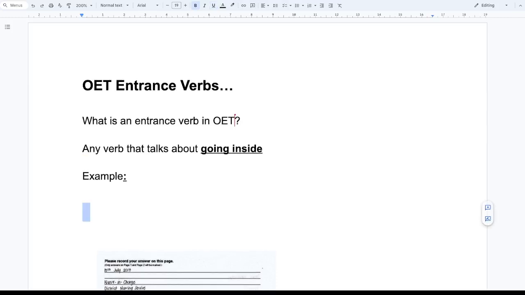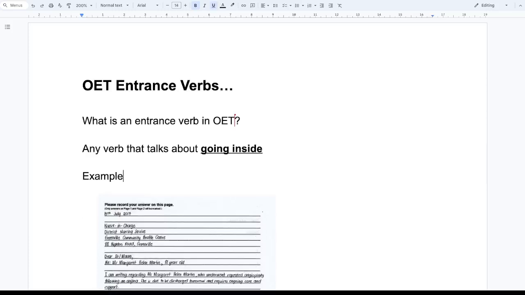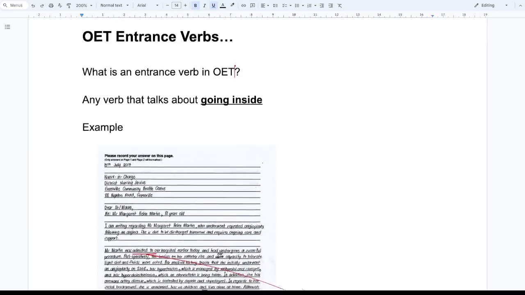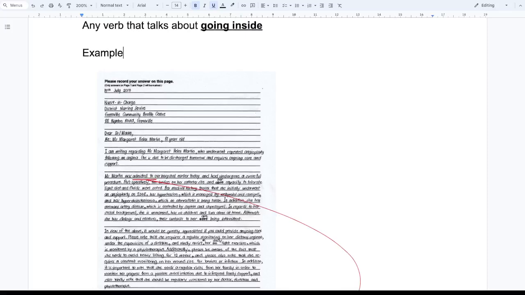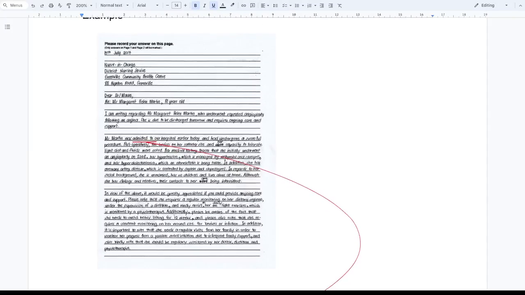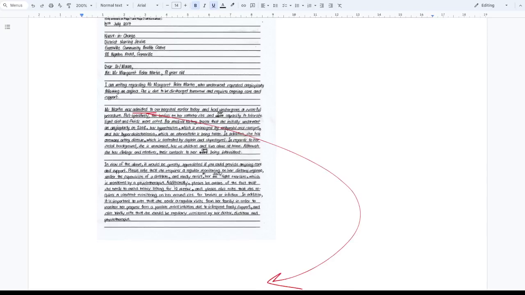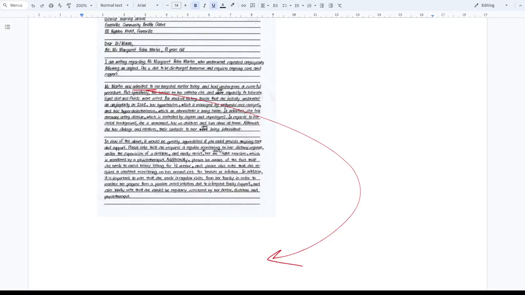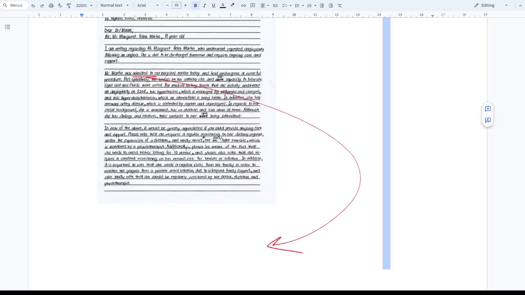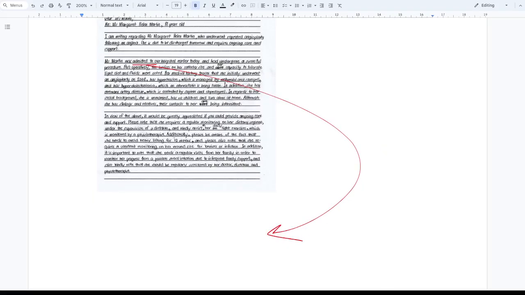In paragraph 2, it says, Mr. Martin was admitted to our hospital. That's what I mean by an entrance verb. Mr. Martin was admitted.